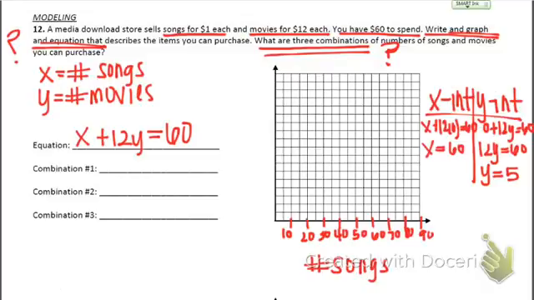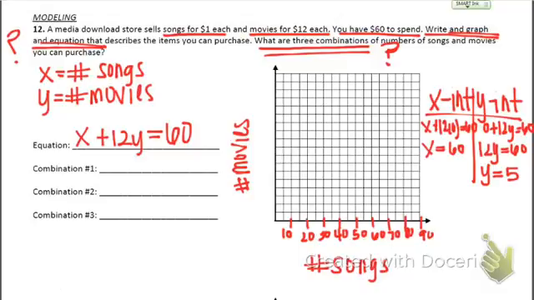And the y-axis is our number of movies. So you are expected to label, and it is worth points on the test. And my y's, I could go by ones, and that would kind of squish it all together.